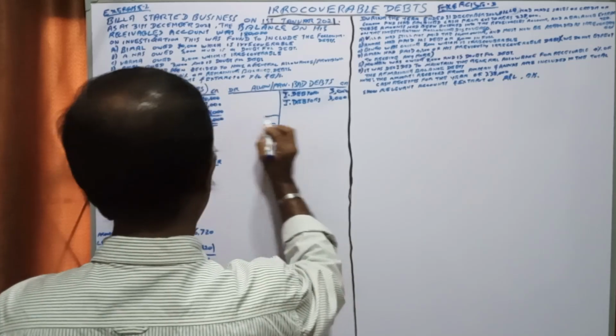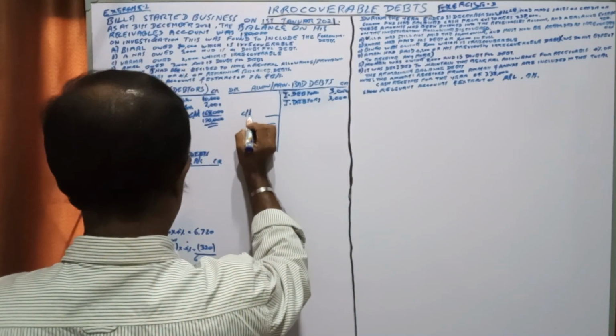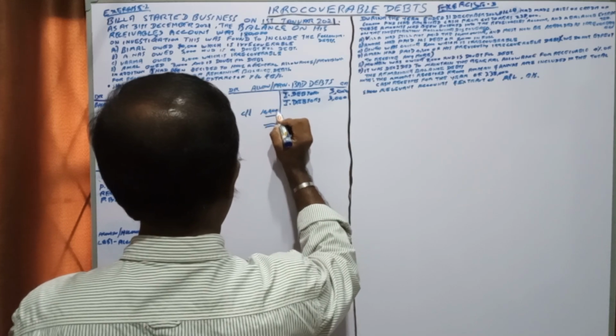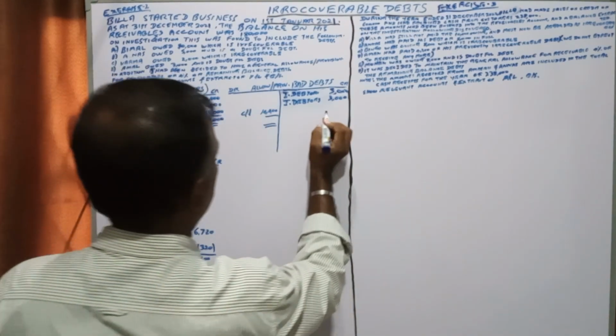Here the carried down balance should be 14,400.